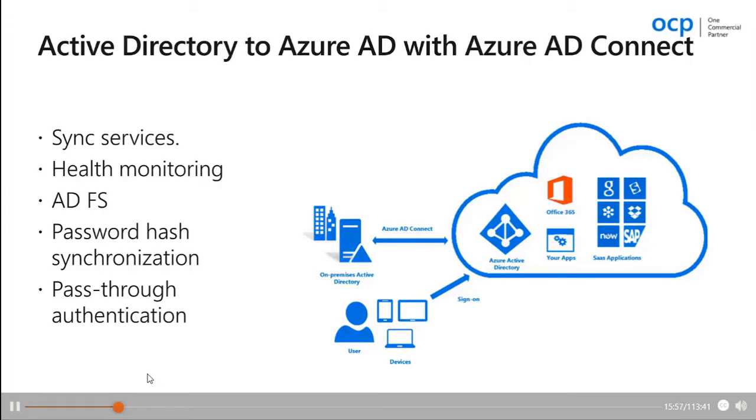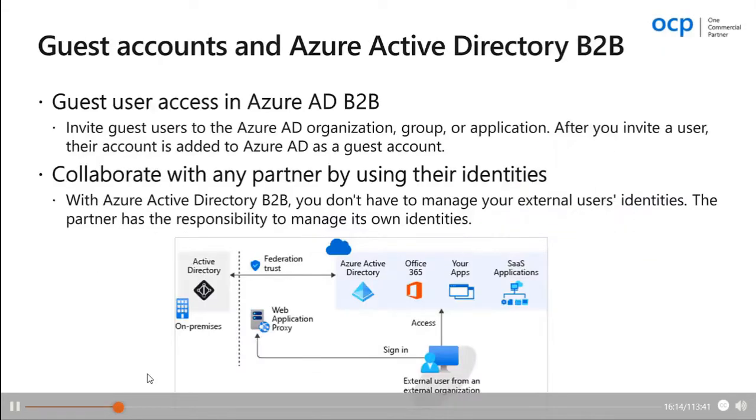I can also even do write back for the password. That means that if I change the password on the cloud, it will be written back, so that update will be sent back to on-premises. That's not the default behavior, but you can activate that if you need and if you want.